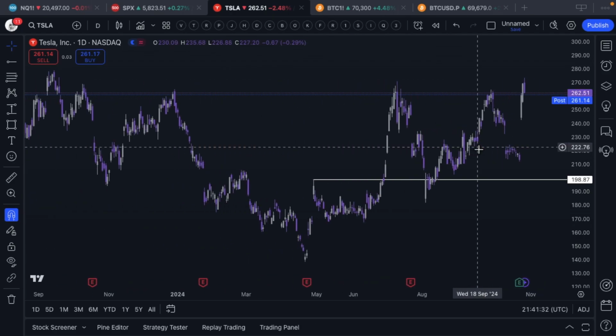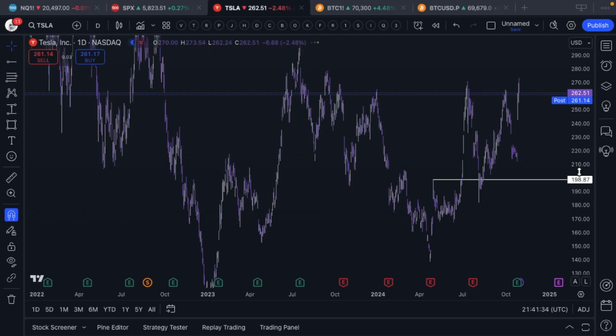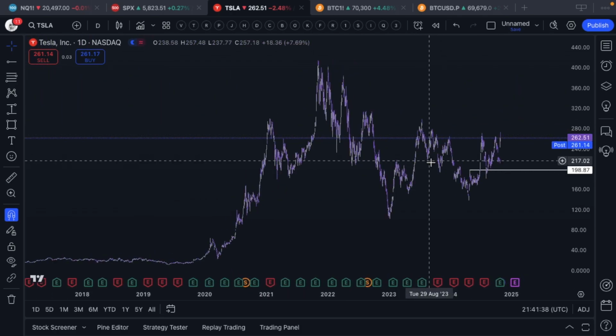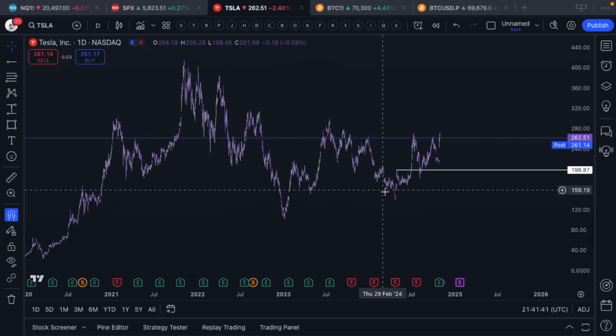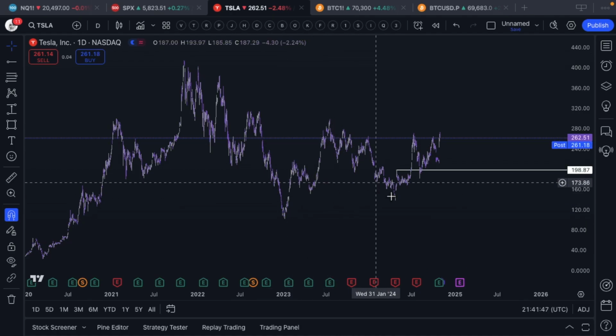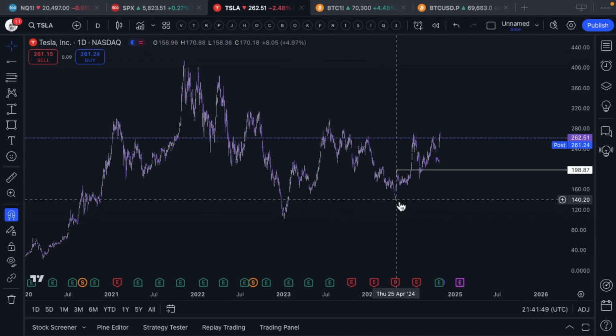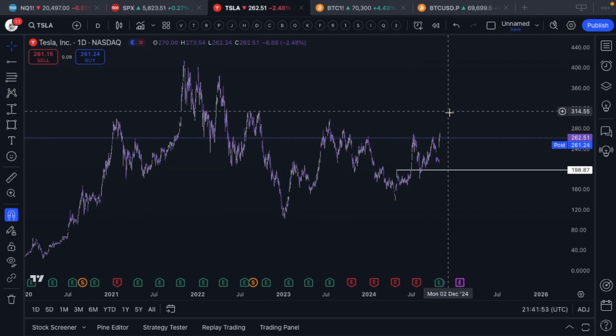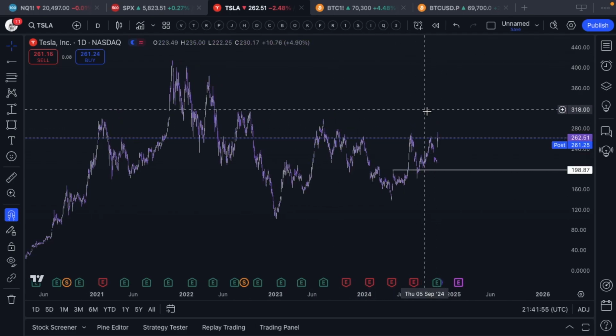So if we look at Tesla, it also has a tendency to really move high when it's putting in bullish market structure. All right, so it's not confirmed 100%, but we've got a low, a swing high, and a swing low that's higher. Okay, so it makes sense that we're gearing up to take out this high here.